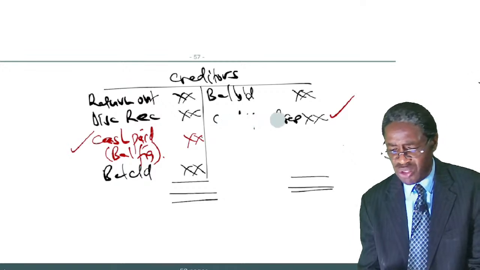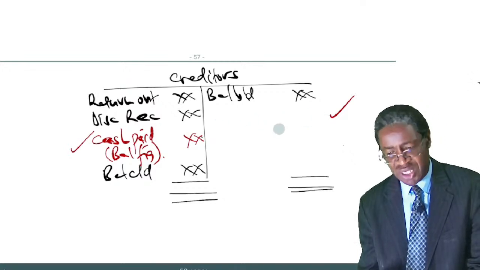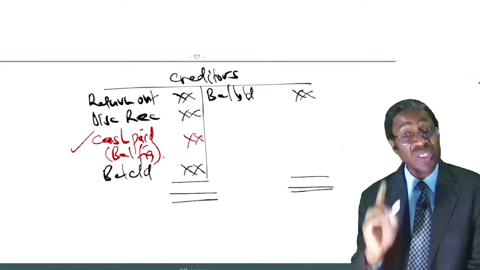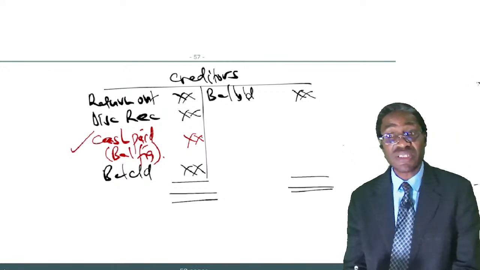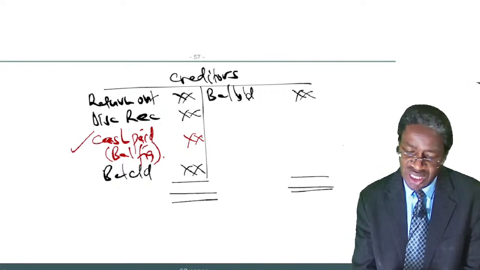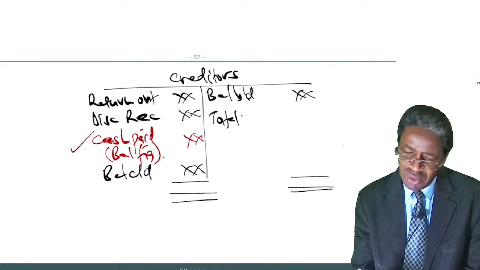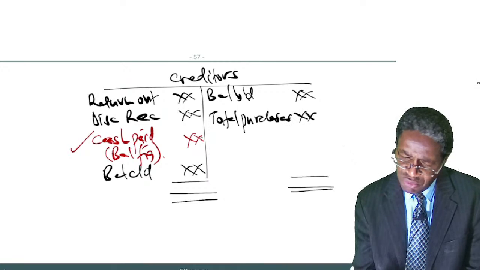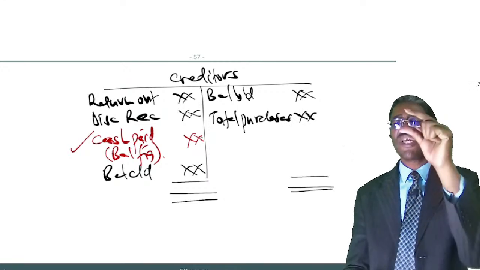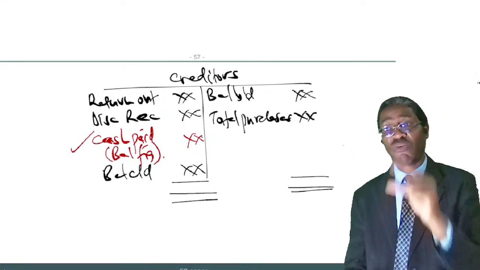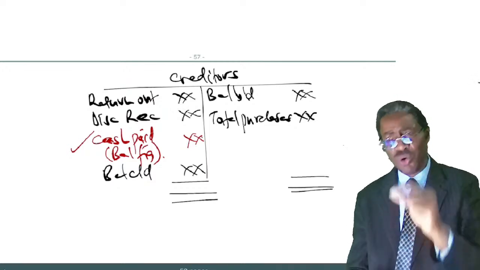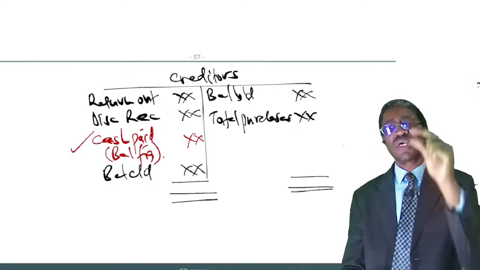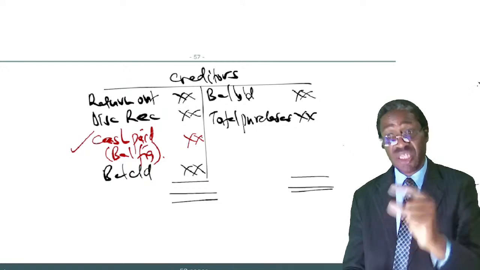shall now not be using credit purchases here. No, we shall not be using credit purchases, but instead we shall be using the total purchases. Meaning, go find out from the question, how much were the total purchases of the company? We know total purchases include cash purchases and credit purchases.